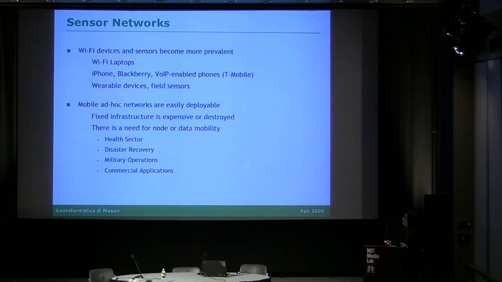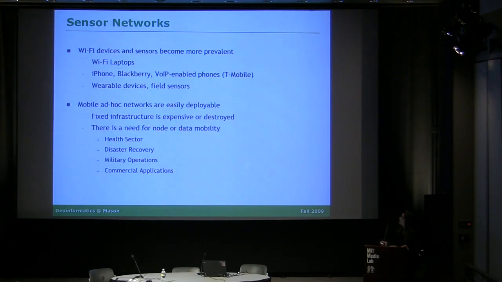The important part to remember here is that fixed infrastructure is expensive to implement in a dense and sophisticated manner. It's getting better, but it's not yet there. But also there is a danger in a situation of emergency of it being destroyed. So we go into ad hoc networks, which can be mobile and which are easily deployable, because we want to avoid the disadvantages of the fixed infrastructure.